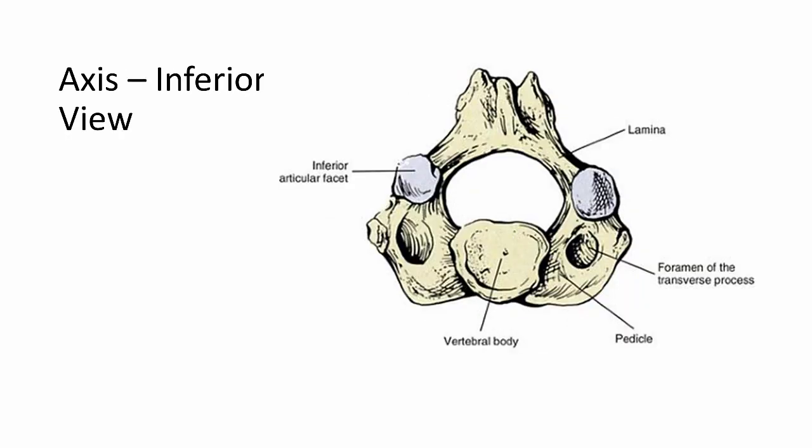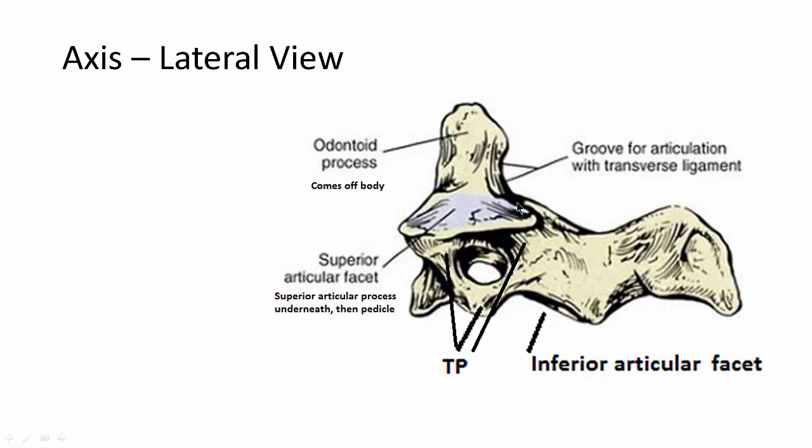Inferior view, kind of a strange shape to the transverse foramen here, foramen transversarium. This is, again, I forgot to label this, but that's just the central canal or the vertebral canal. You can use any one of those. Side view, inferior articular facet here.